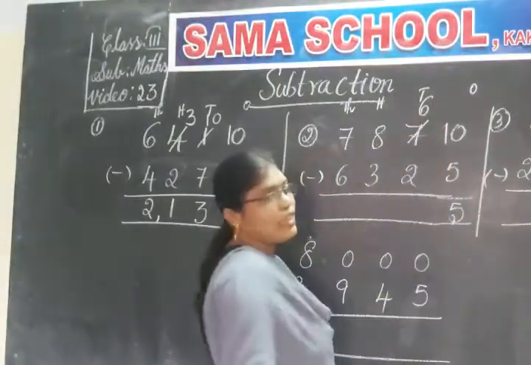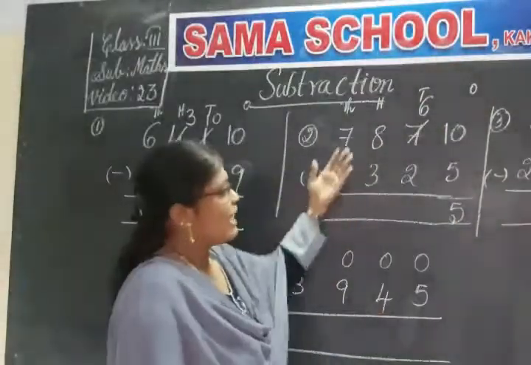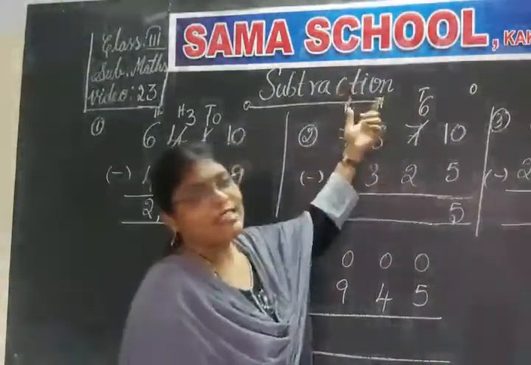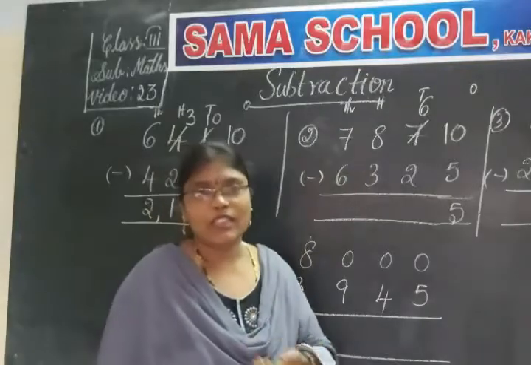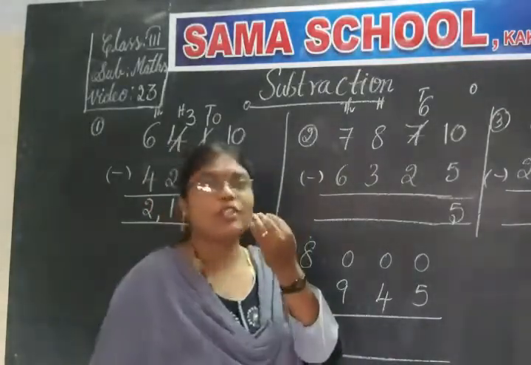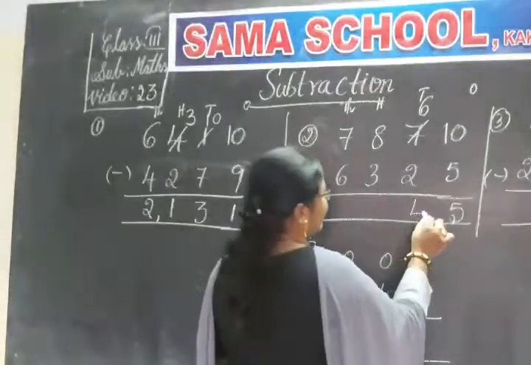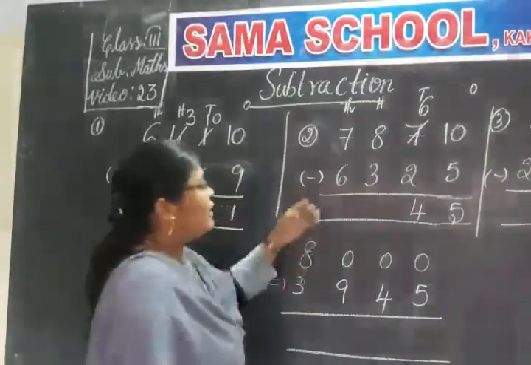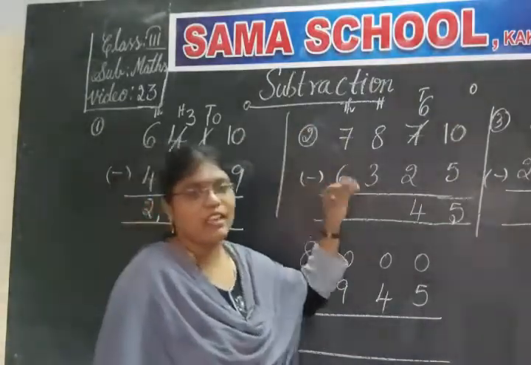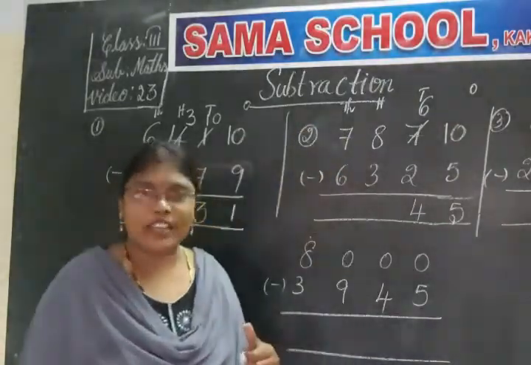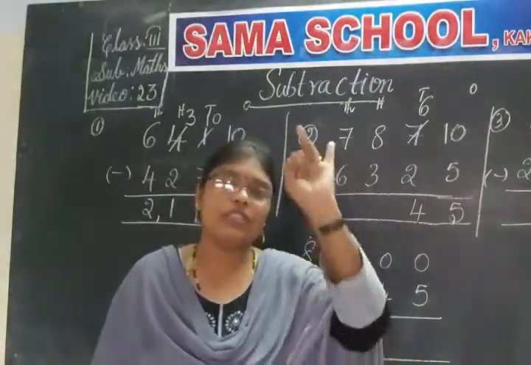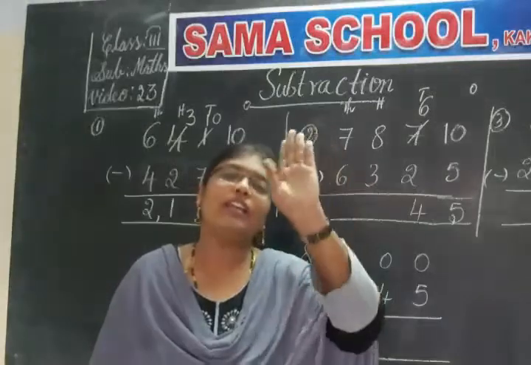And here now we have 6. As we have borrowed 1 from 7, so it became 6. 6 minus 2. 2 after 3, 4, 5, 6. How much? 4. Write 4 in tens place. Here it is very easy. It's a simple subtraction. 8 minus 3. 3 after 4, 5, 6, 7, 8.